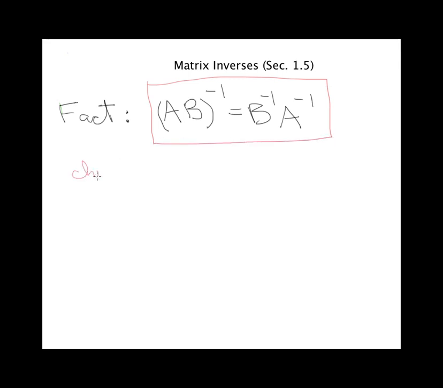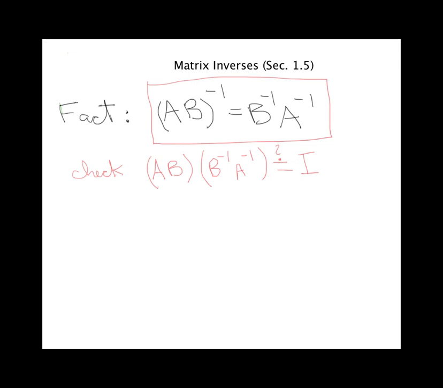And let's check why this is true. Well, what do I need to know? I'm claiming the inverse of this matrix is this matrix, so in order to check it, I have to check that if I take AB and multiply by its purported inverse, which I'm claiming is B inverse A inverse, I'm hoping that that's equal to the identity.